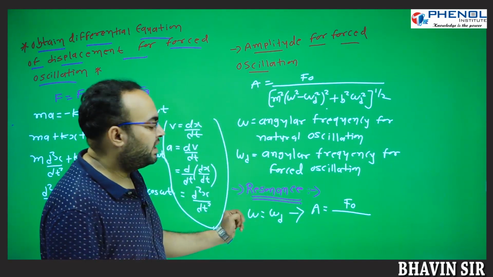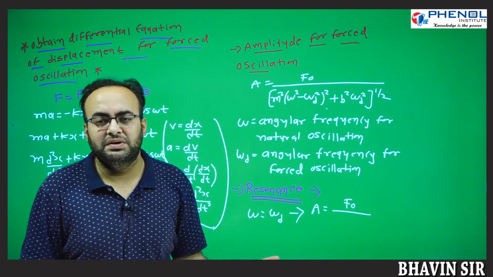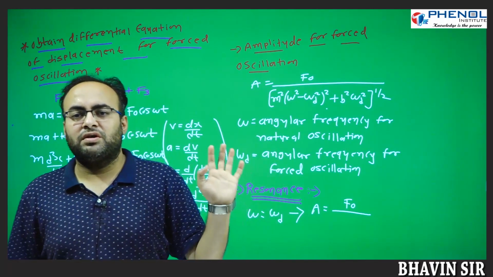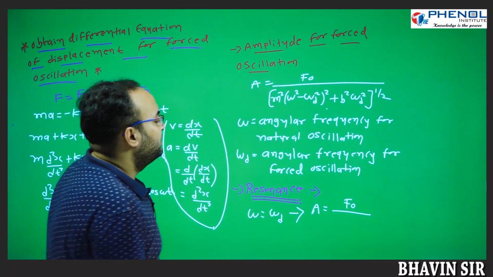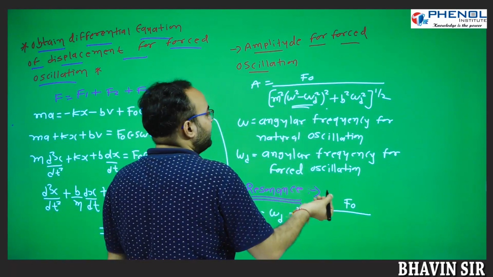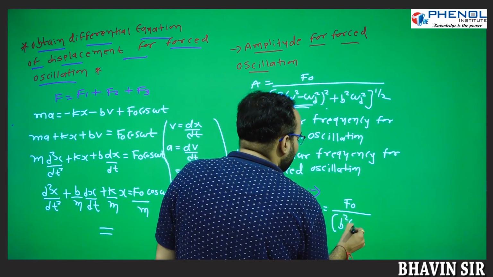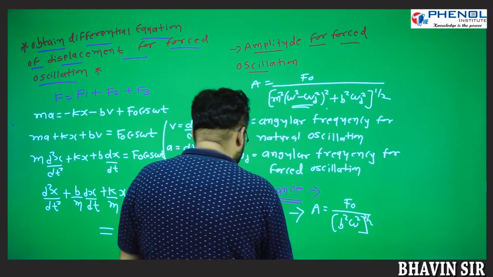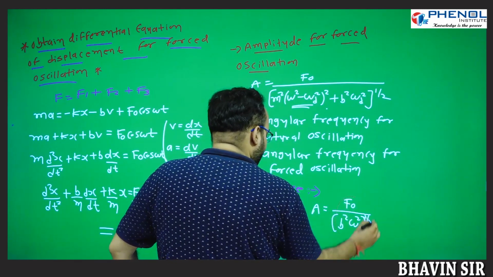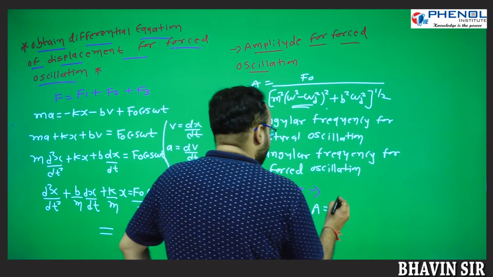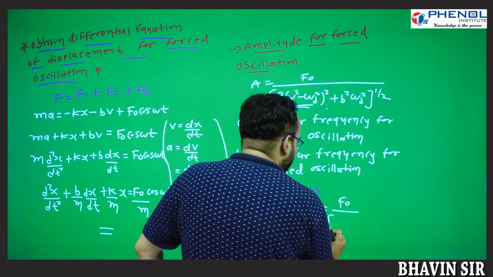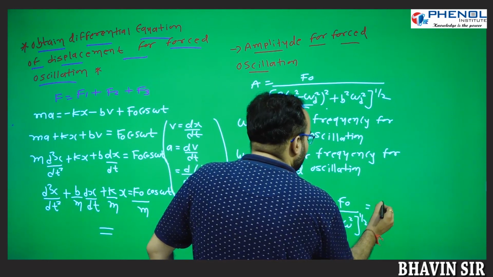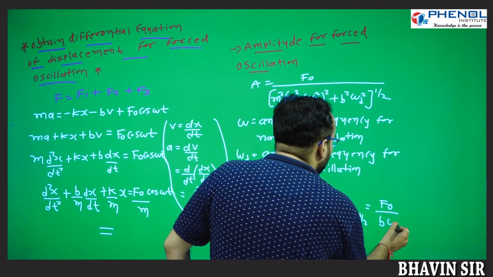So see, when the angular frequency for forced oscillation equals the frequency of natural oscillation, this term becomes 0 because both are equal. So now b omega square remains, the rest cancel, so F0 upon b omega.